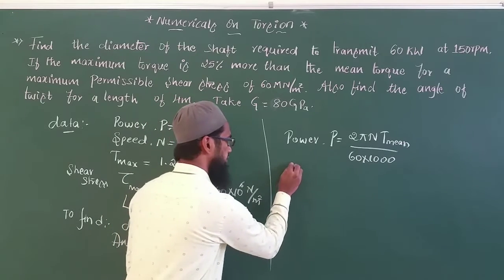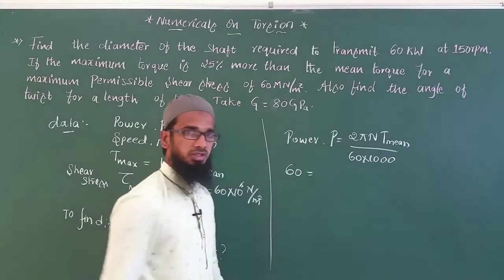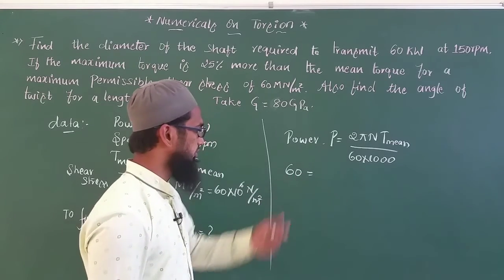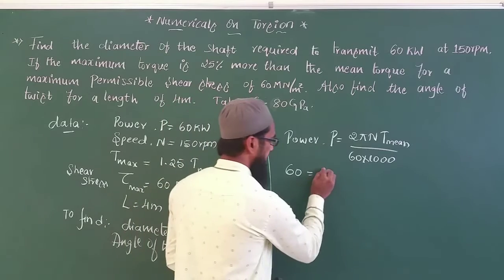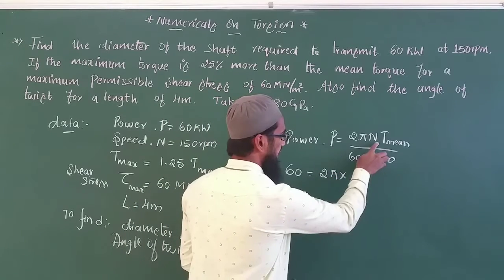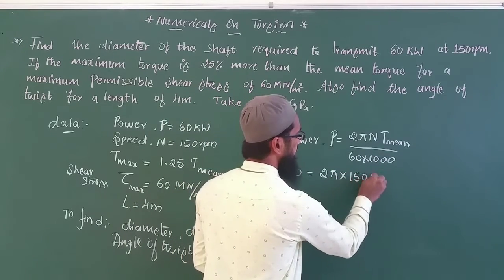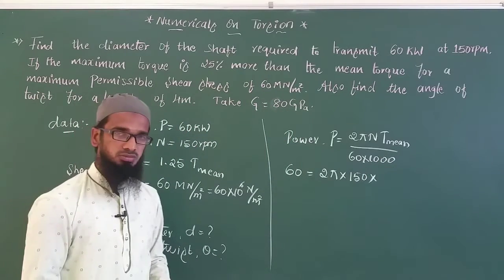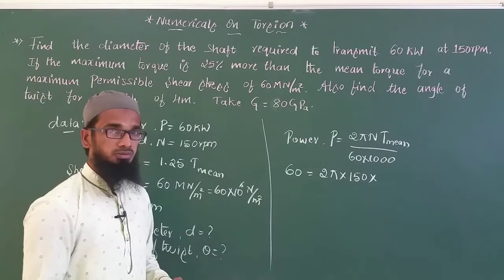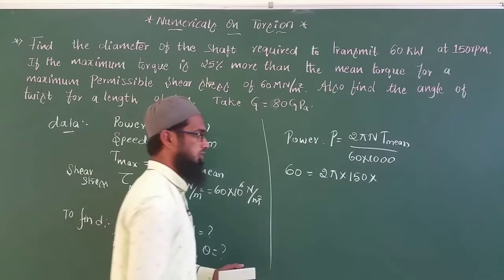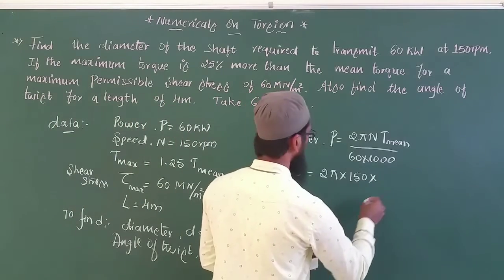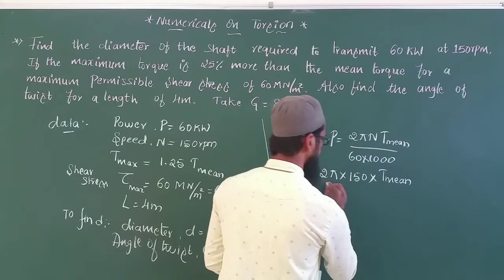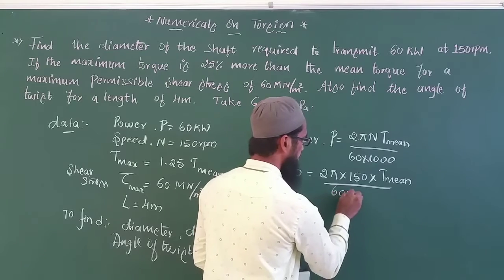The power P is 60 kilowatt; we take it in kilowatt because we have 1000 in the denominator. On the right hand side is 2 pi, and N is 150 rpm. We should take T mean here, not T maximum, because the power is transmitted by considering the mean torque. The mean torque is not given, so we have to find it out.